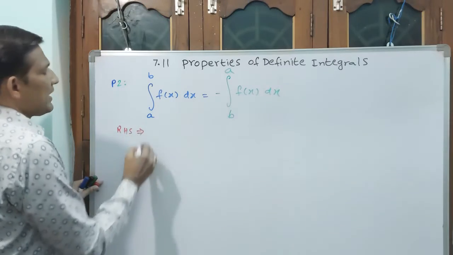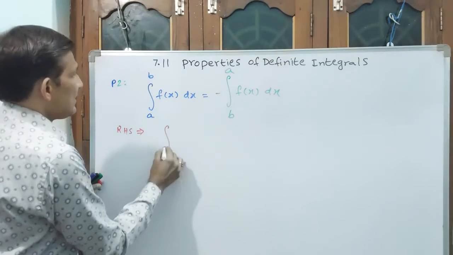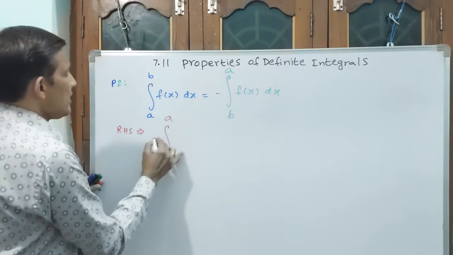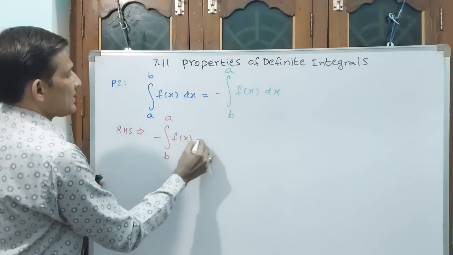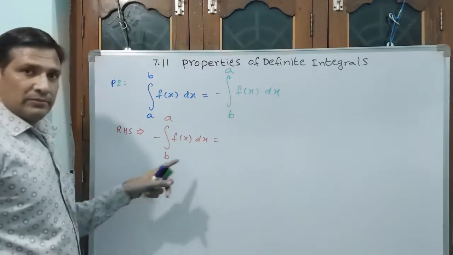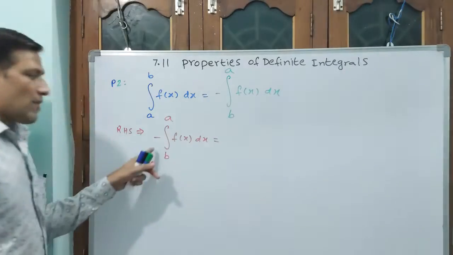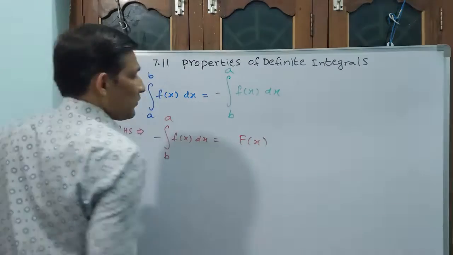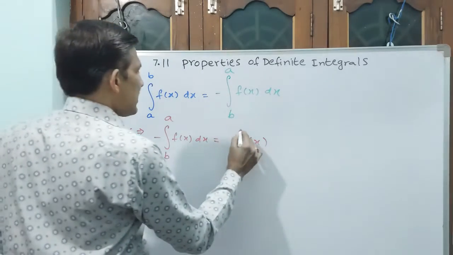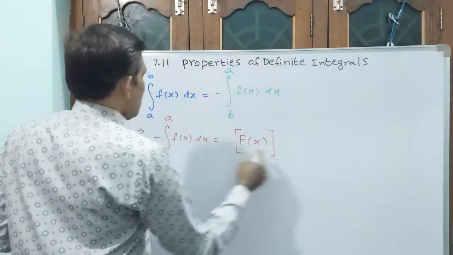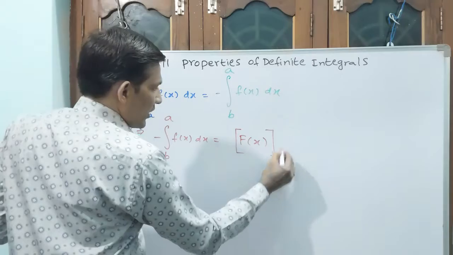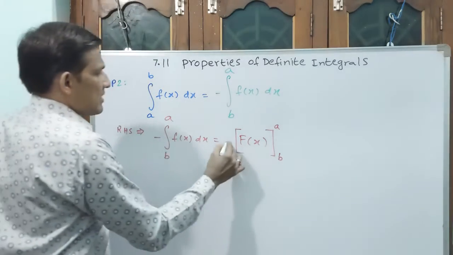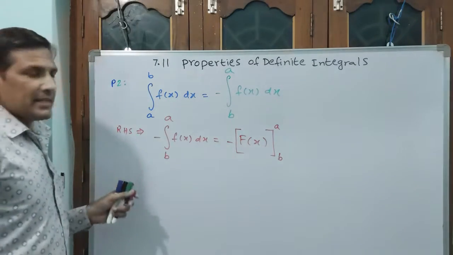RHS implies integral b to a minus f of x dx is equal to, see, after integration of f of x, capital F of x will come. But you have to apply the limit also. The limit is from b to a, but the minus is outside.